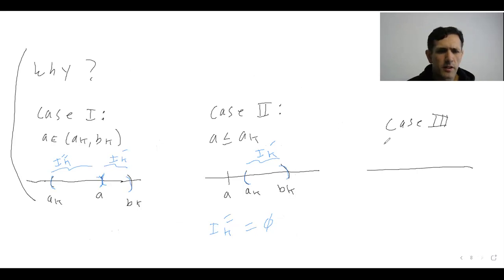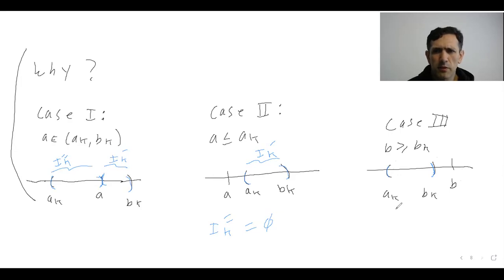Let's say in this case, A is bigger or equal to BK. So again, A could be BK. There's no problem with that. Just for graphical purposes, I'll draw it bigger. So this is AK, BK.